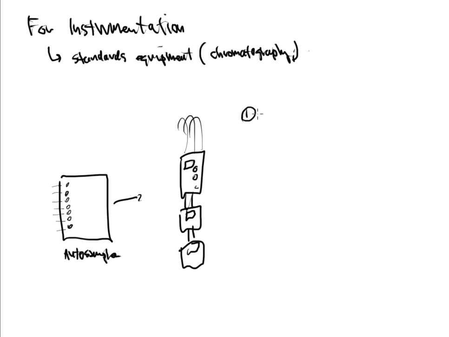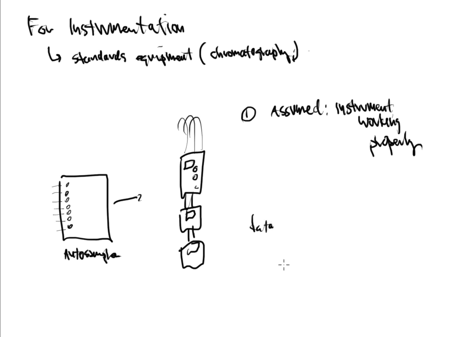Well, number one, I've made an assumption. I have assumed that the instrument was working properly. And then I take my data and I have my standards 1, 2, 3, 4, 5.